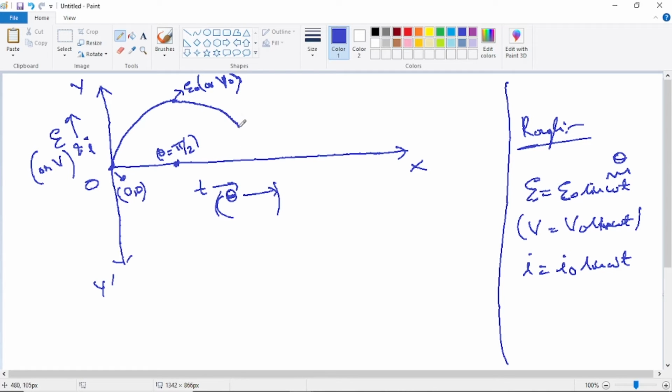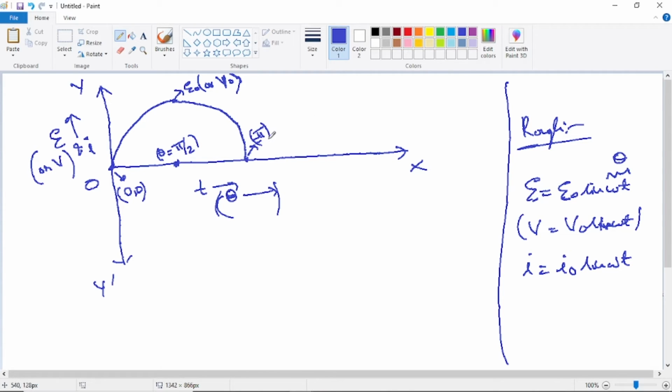And finally at 180 degrees, that means theta is equal to pi, EMF again becomes 0. 0 means it touches the x-axis. Only at the x-axis, the y coordinate values, EMF values, will be 0. That's how we got the graph up to pi.